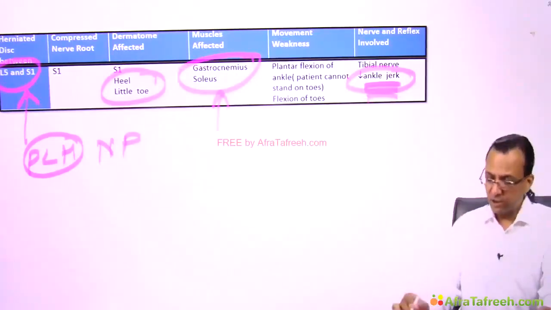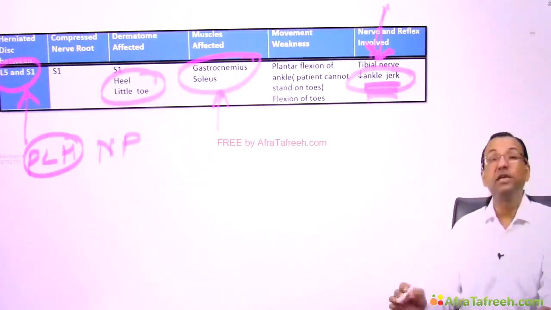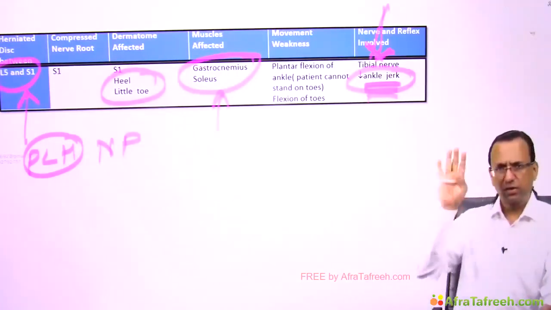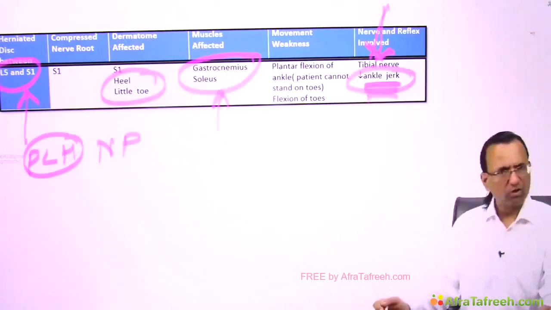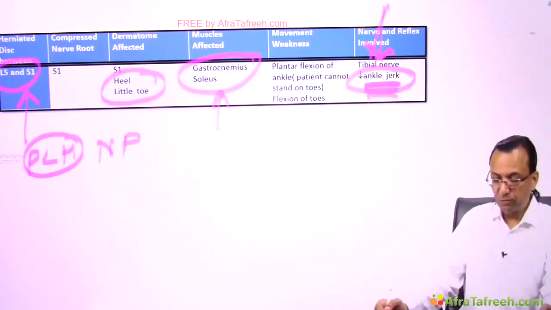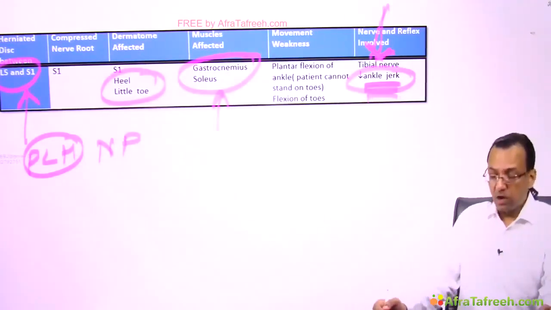Which nerve is that? The tibial nerve, the nerve of the calf region, for plantar flexion. It's not working now. That root value, S1, is not working.